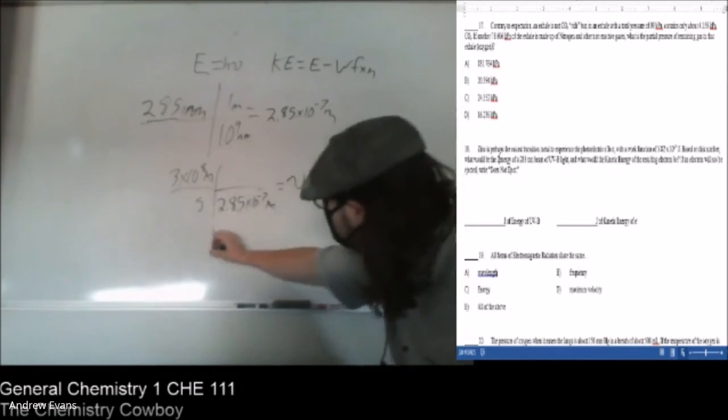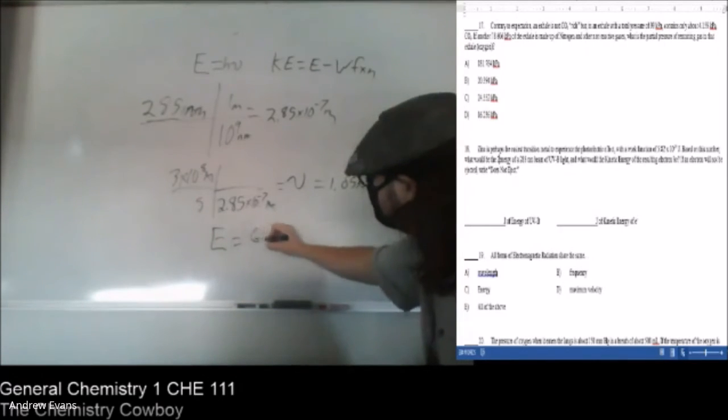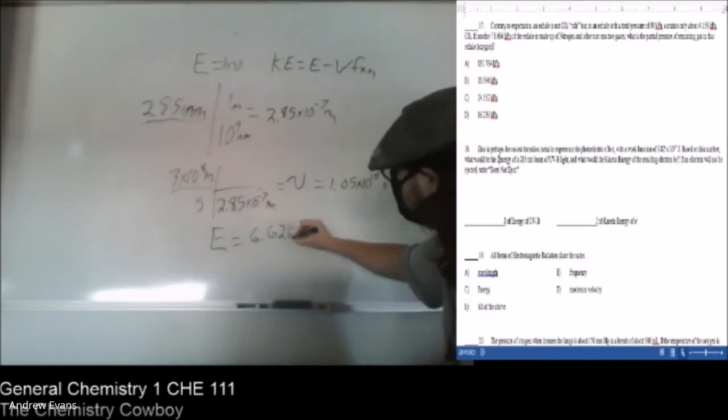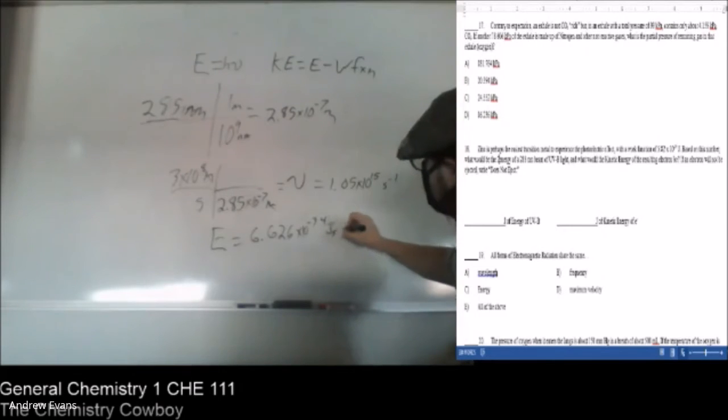Energy is thus going to be h, which is 6.626 times 10 to the negative 34th joule seconds, times the 1.05 times 10 to the 15th inverse seconds.